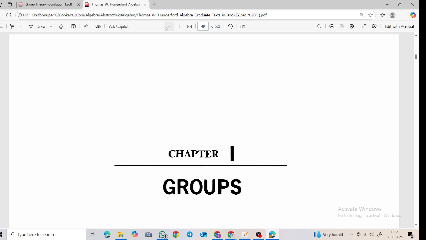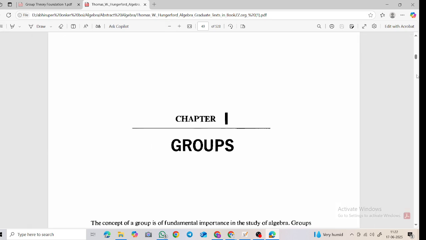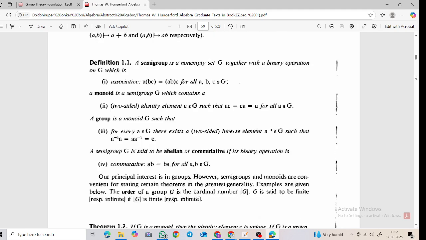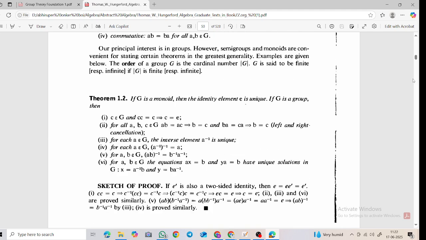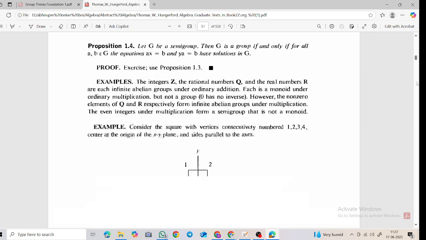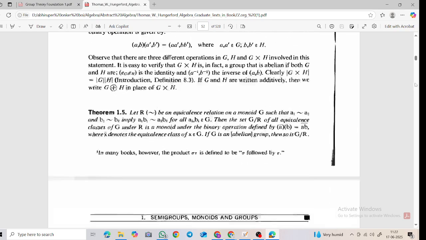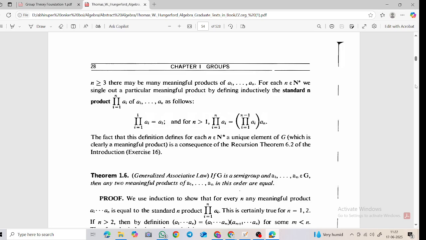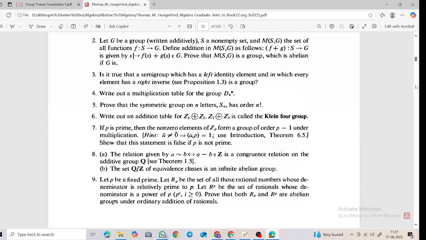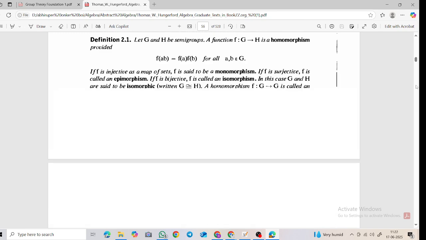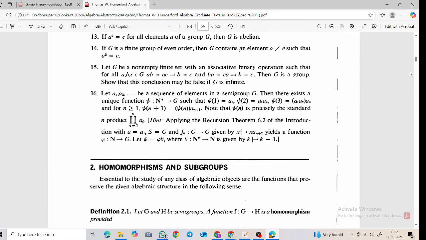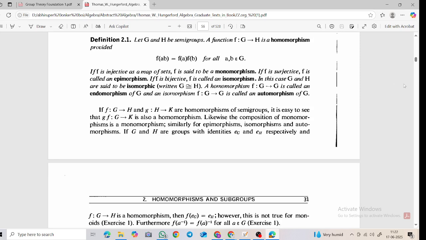So Hungerford will be our textbook. We will start with monoids. This first section is not something I like very much, so we can start directly with the second section, Homomorphisms and Subgroups. Subgroups you know, so we will start with homomorphisms.